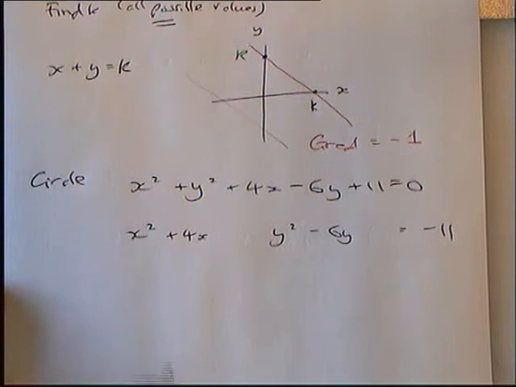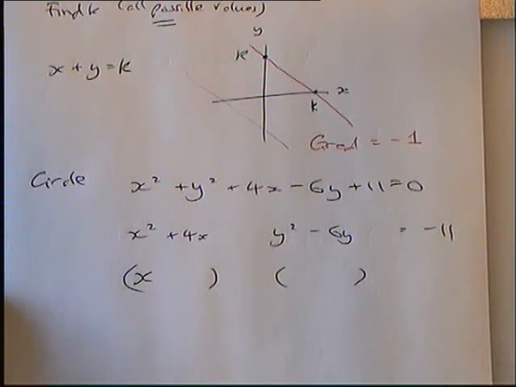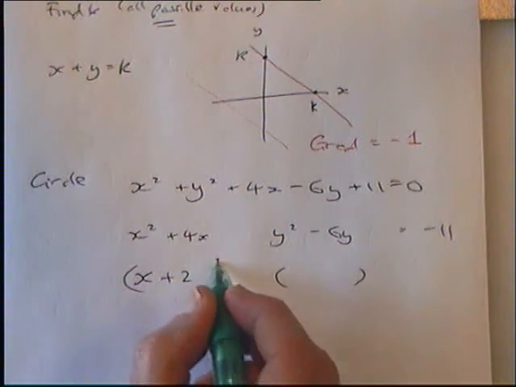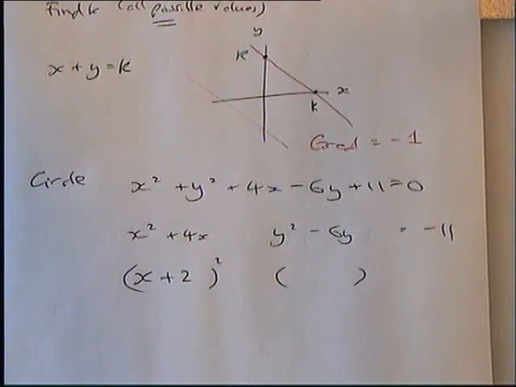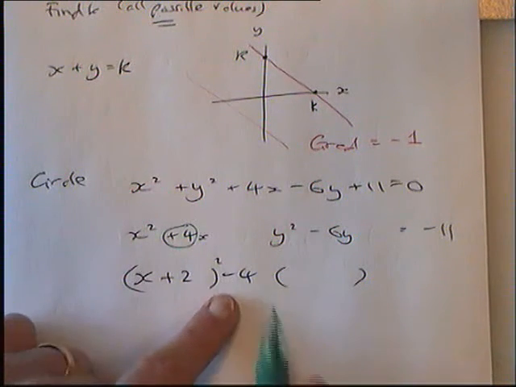Right, James, choose somebody. Jack, first bracket. X plus 2. And what do I need to take away from that? Yeah, okay. So that plus 2, remember, was half of that, and 2 squared is 4, has to be taken away.